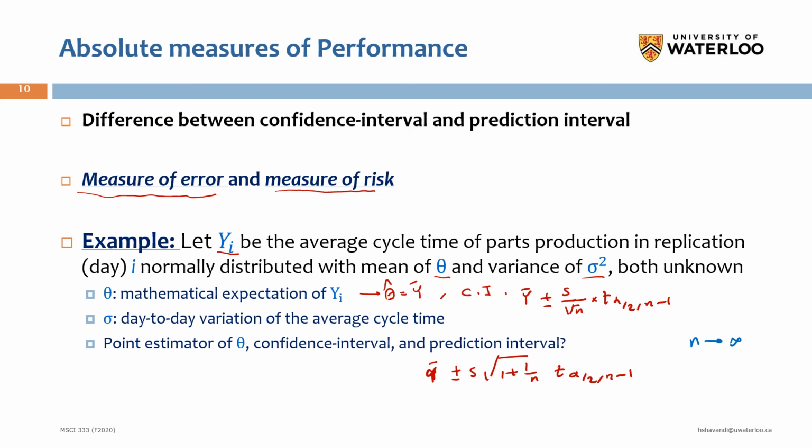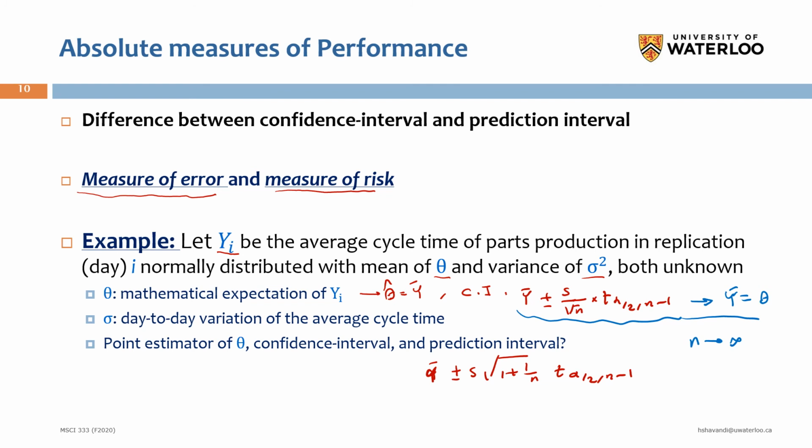In this case, as you see here for the confidence interval, if n goes to infinity, then the confidence interval will approach a point estimation, which is y bar, and it will be exactly theta because n is approaching infinity. So by increasing the number of replications, we are reducing the error, and if we have an infinite number of replications, then the error will be 0.